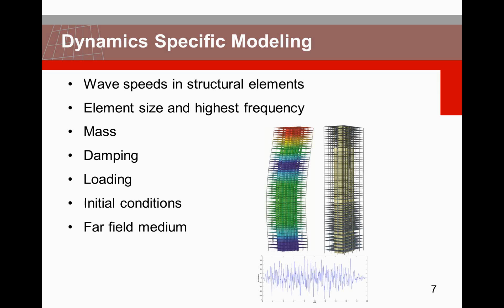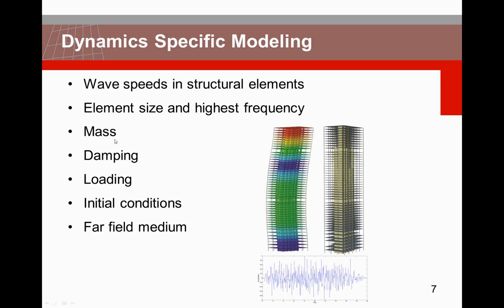And if you want to be able to view these waves correctly, you need to take into account some information, some details with respect, for instance, to your element size and the highest frequency you want to be able to see in your models.